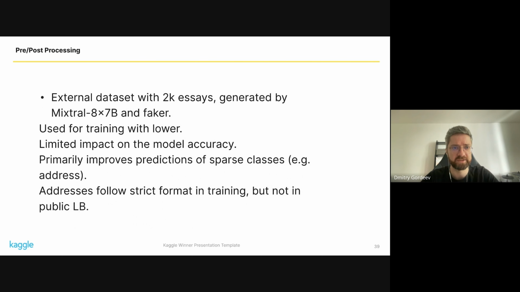The external data set, that was an interesting topic in this competition. I used only one external data set, which was pretty much the most popular one and the one that boosted CV and leaderboard mostly for everyone in the competition, according to the forum.